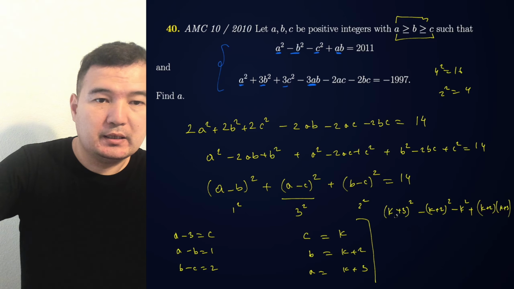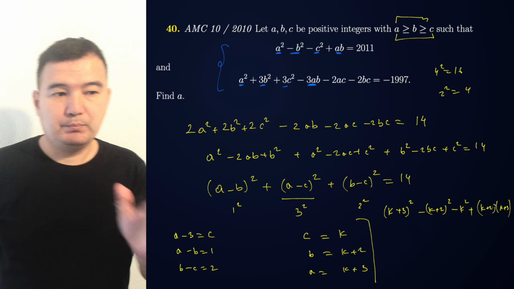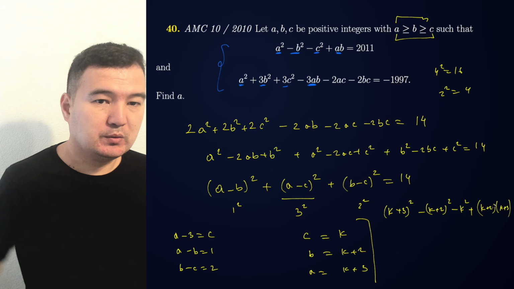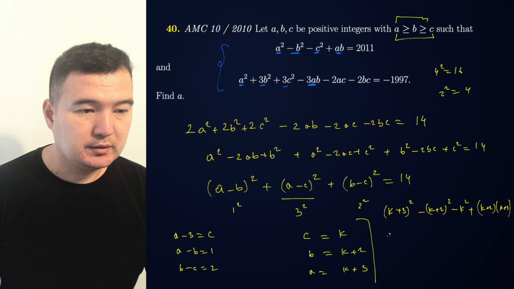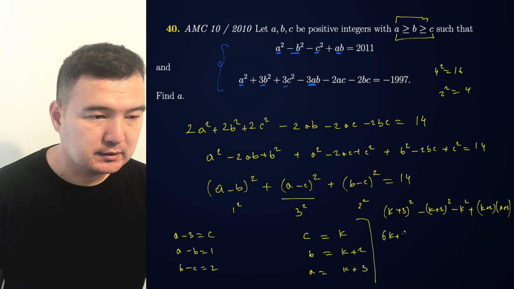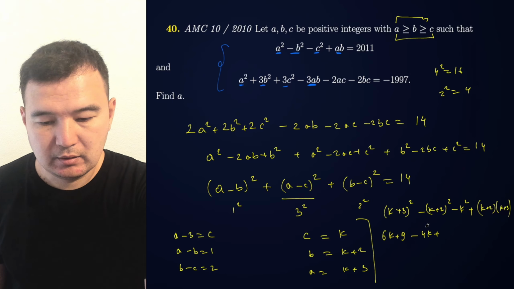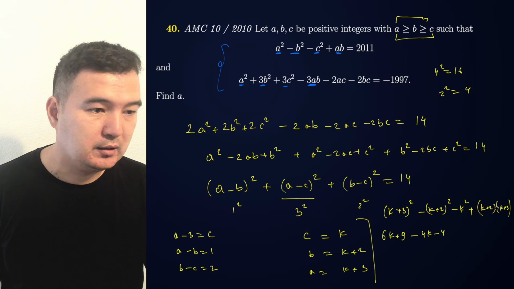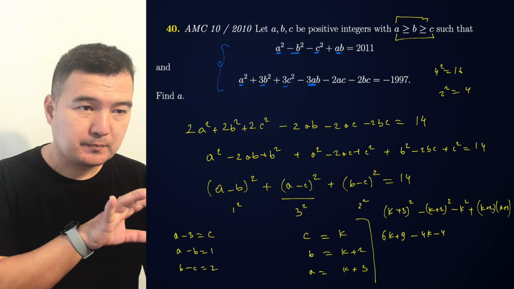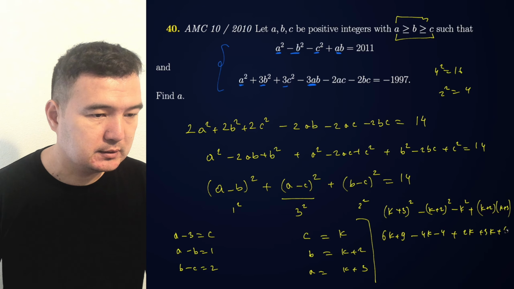We have 2 positive k squares and 2 negative k squares, and they all cancel. I am just ignoring the k squares. When I open the parentheses, that's 6k plus 9 minus 4k minus 4 plus 2k plus 3k plus 6.